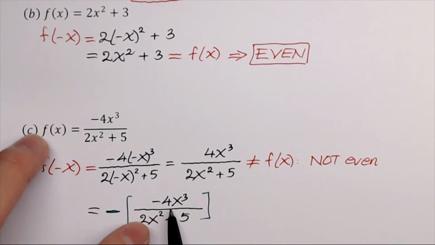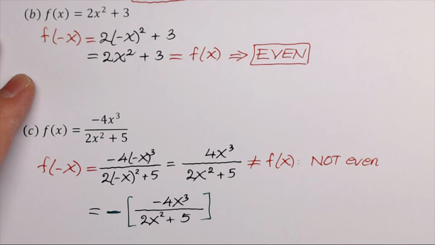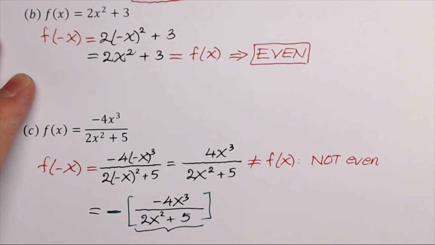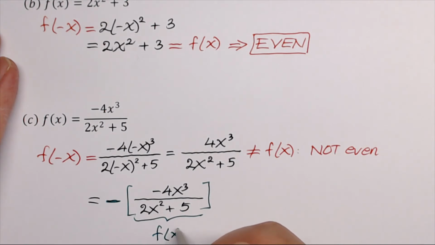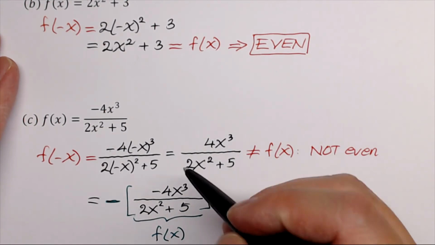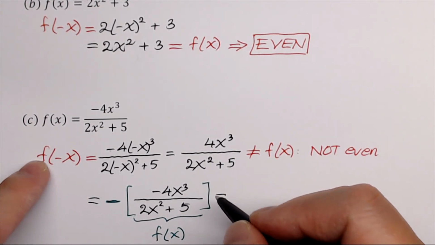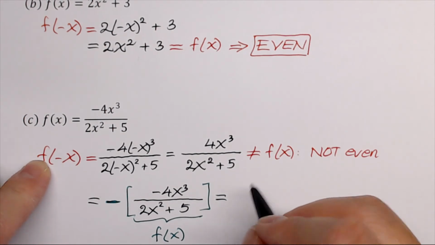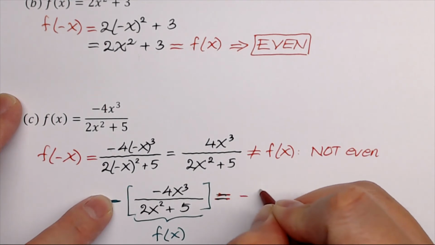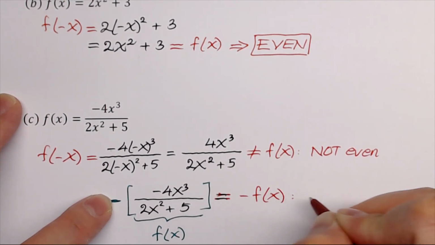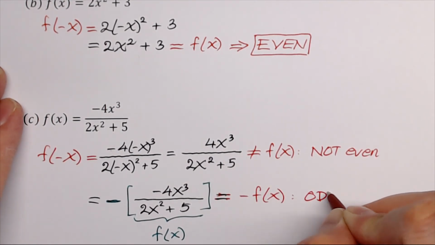This is exactly the original function. So inside the parentheses or the bracket, this is the original function. So altogether, f of negative x is equal to negative f of x. So that's why this function is odd.